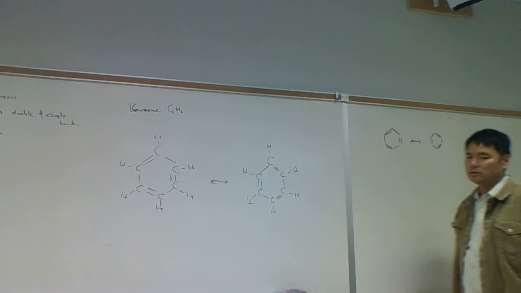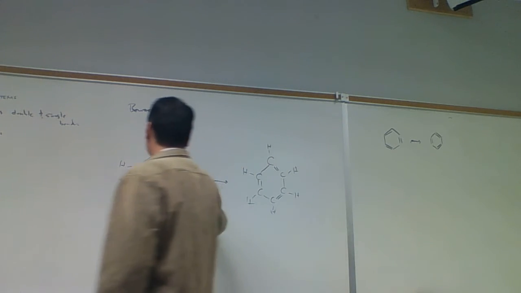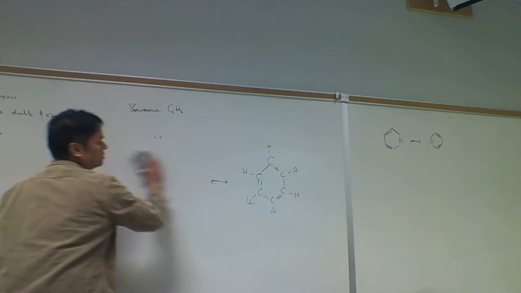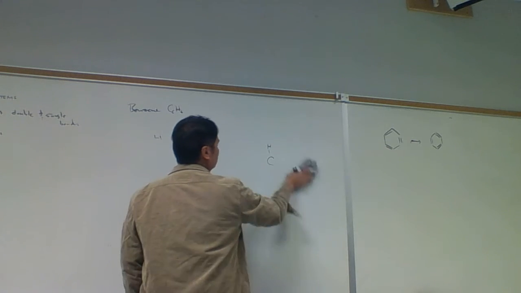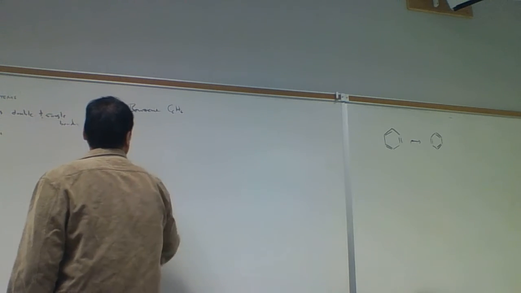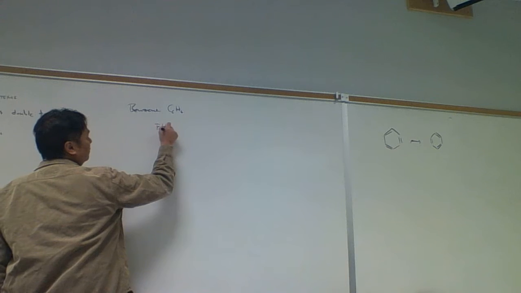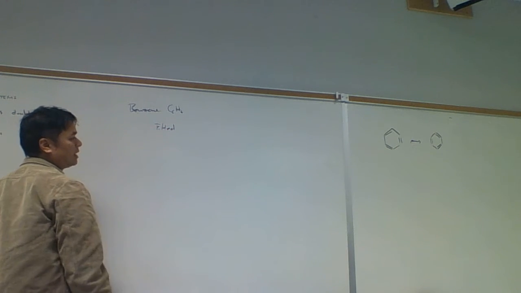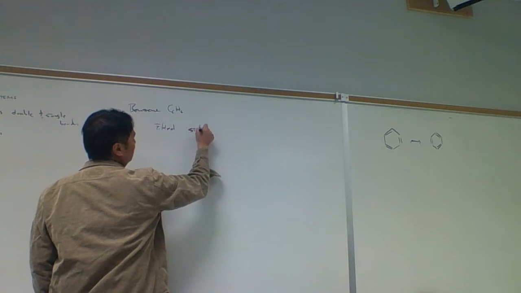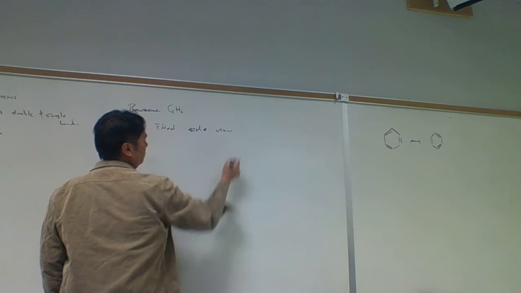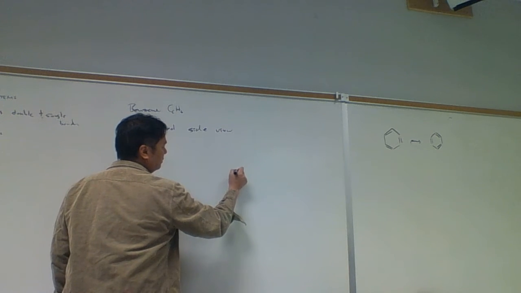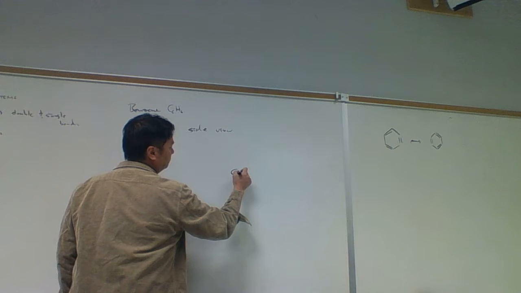Let's go ahead and just draw the structure. We're going to bypass the energy level diagram, which you can do. We'll just look at the structure, because we know what it is, and we can see how many electrons it has. We're going to do a tilted side view. So let's see if we can draw that here.